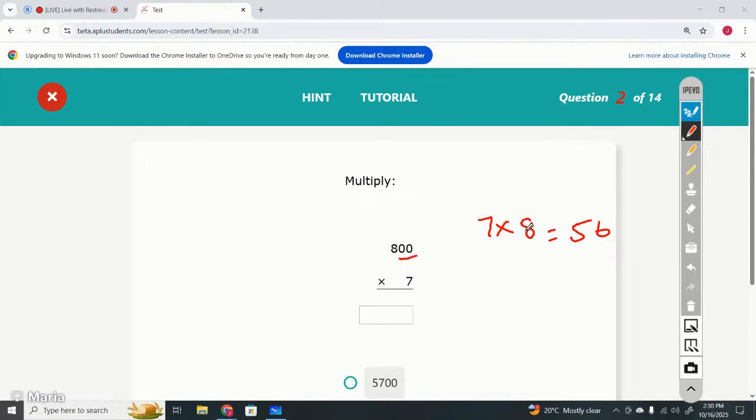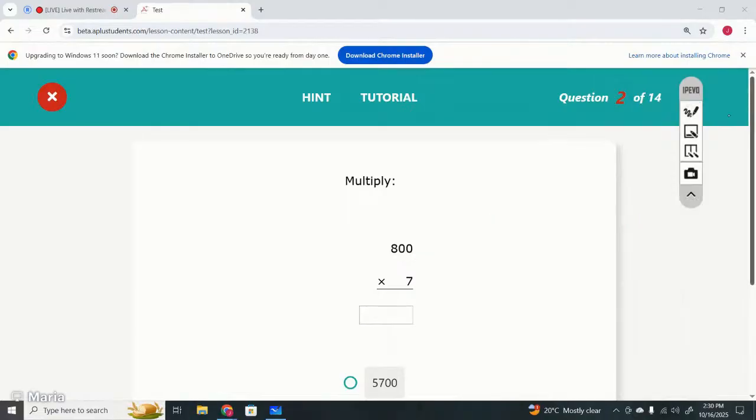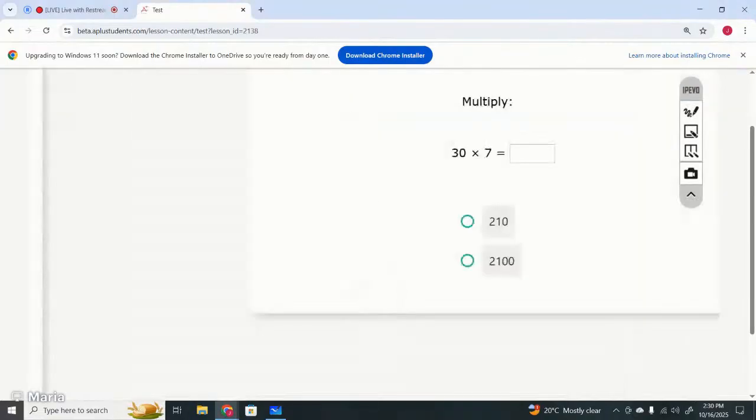Then you need to add the zeros, so that is 5600. Very good. Option number 2 is the correct.